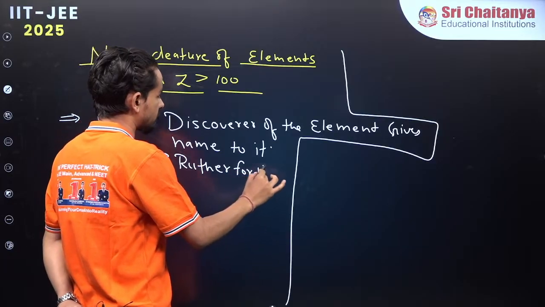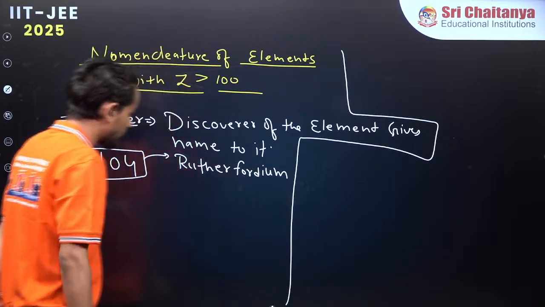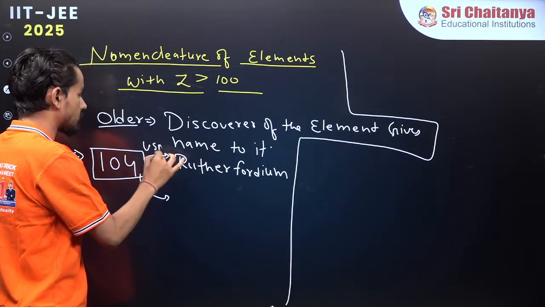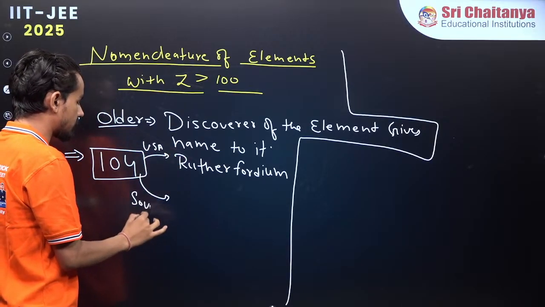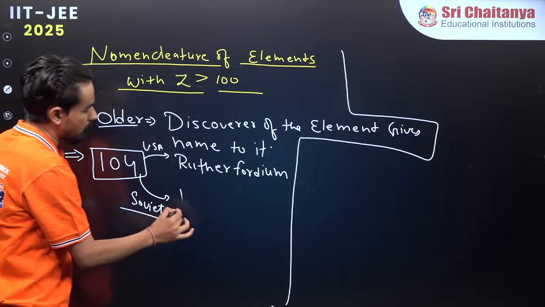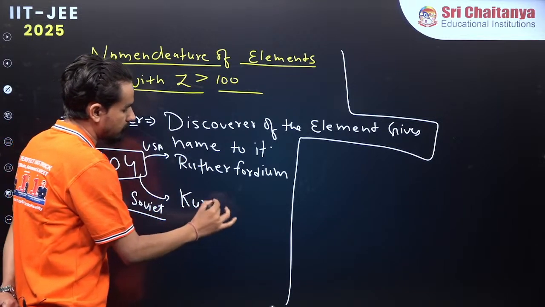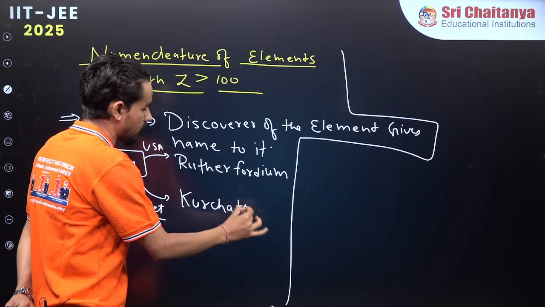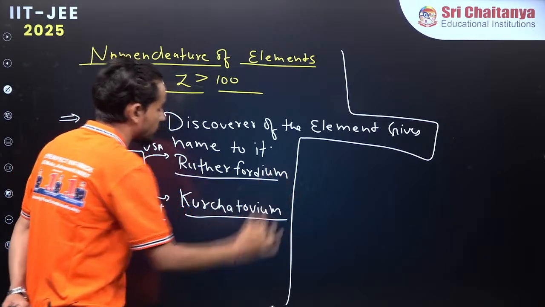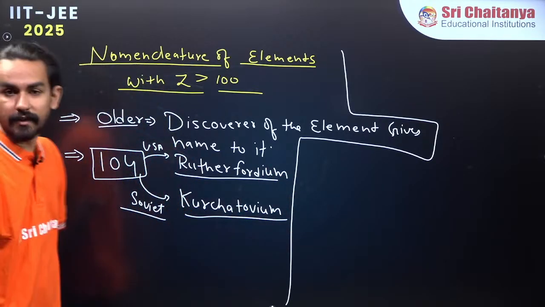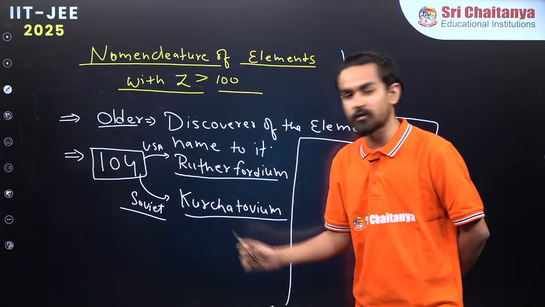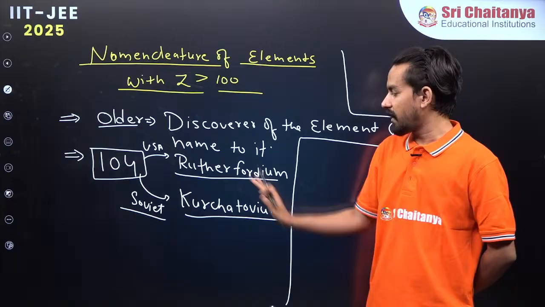But the Soviet scientists, that is Russian scientists, called it Kurchatovium. Even today, if you see a periodic table printed in Russia, you will find that 104 is written as Kurchatovium. It is not written as Rutherfordium.